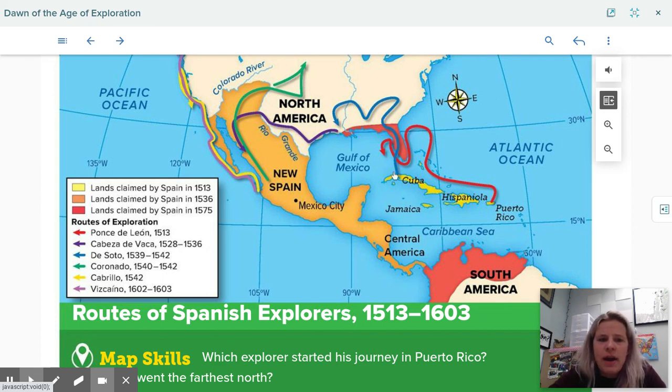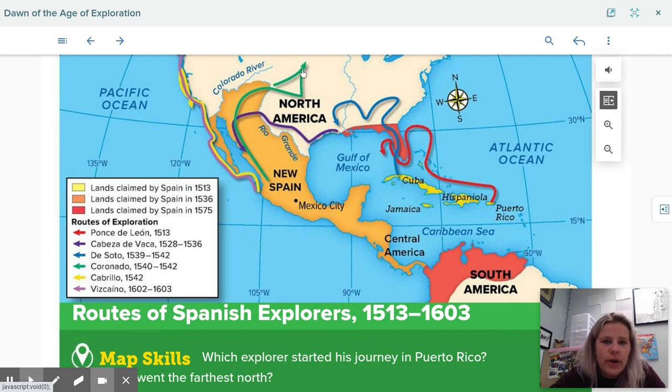So you can look at the routes of exploration. We talked about several of these explorers here. So we have Ponce de Leon, and he was in red. He started in Puerto Rico and went up around Florida. Cabeza de Vaca is in purple here. We have De Soto in the blue. We have Coronado in green, so you can see where he traveled to.